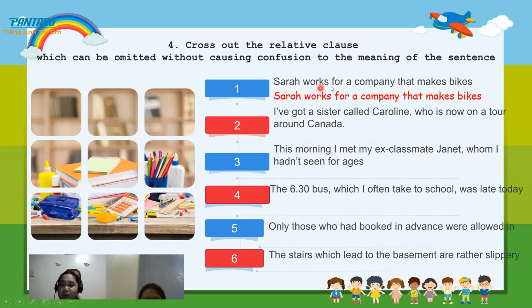Number one: Sarah works for a company that makes bikes. Again, cross out the relative clause which can be omitted without causing confusion to the meaning of the sentence.